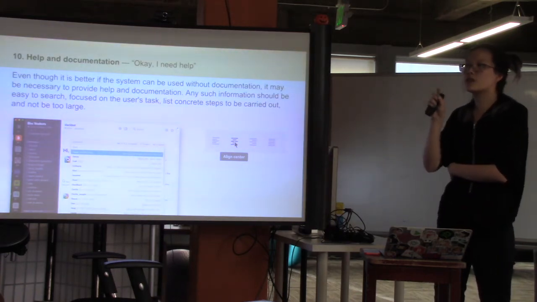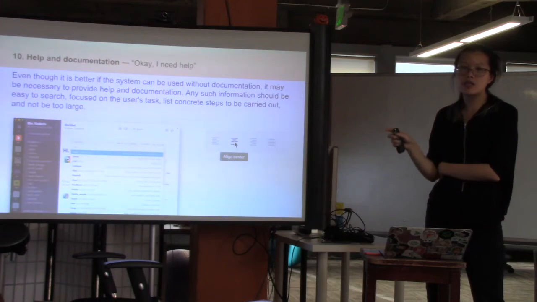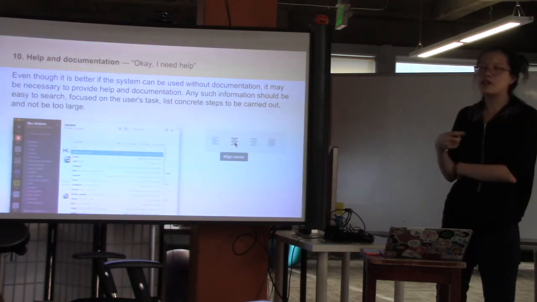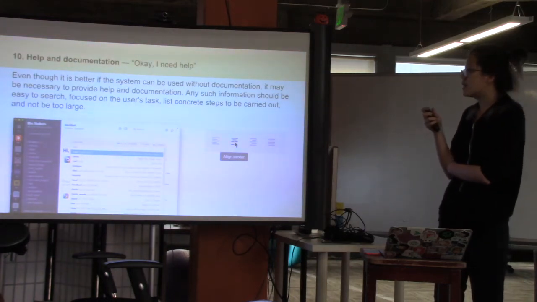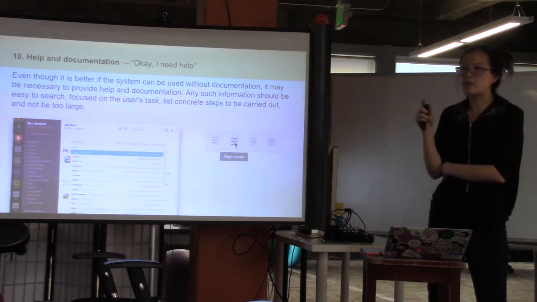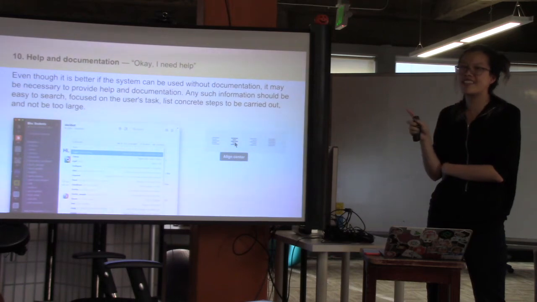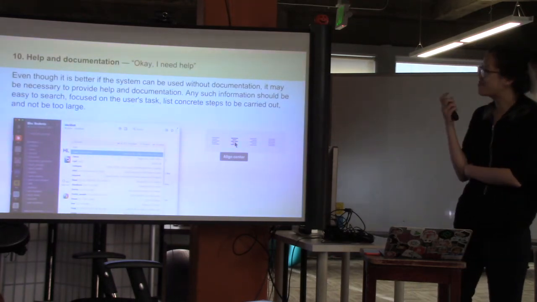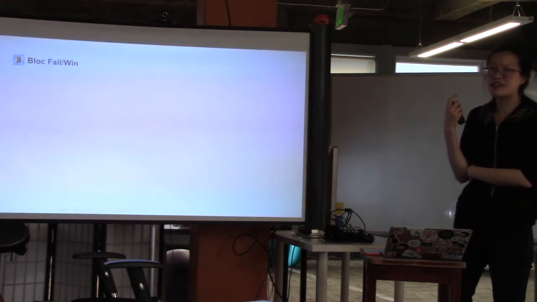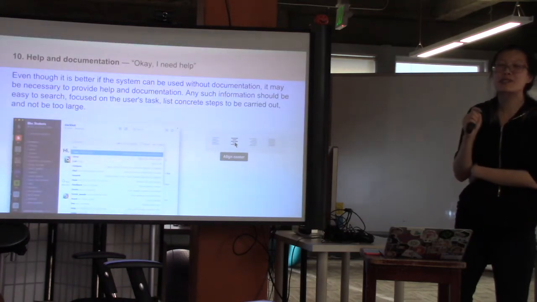Sometimes a question mark. What does this mean specifically? You can always avoid it, but if you do it, remember number one, or number two, make sure it's easy to understand. Any Bloc examples here? Or real world examples?